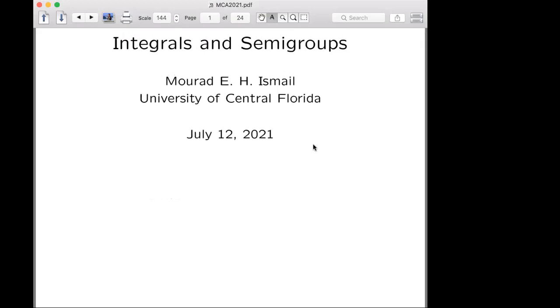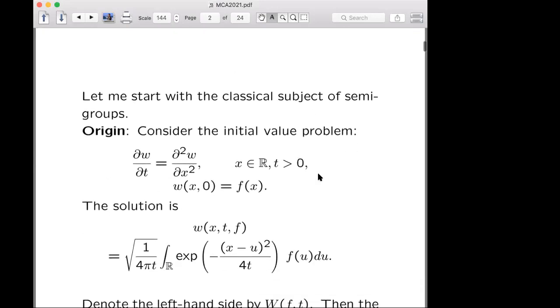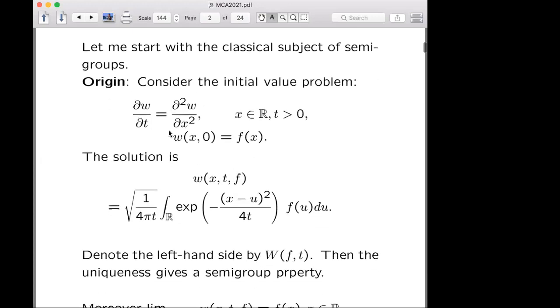So let me first remind you of how the semigroups enter this picture. If you look at the initial value problem, the partial differential equation with the initial condition, the solution, we all know from elementary PDEs, is this.